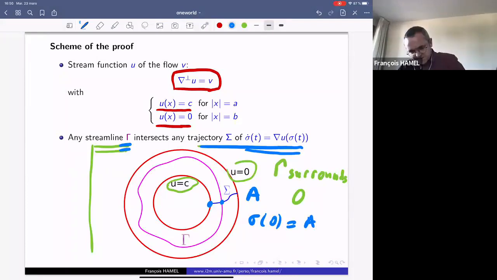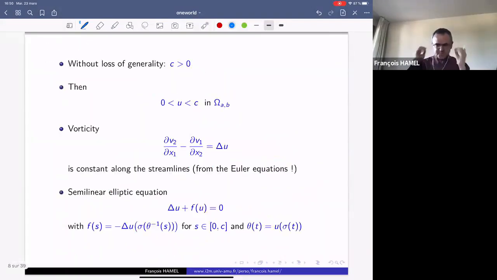Okay, so now how do we progress? Even if it means changing u into minus u, since the function u was strictly monotone along the curve capital sigma, we can assume without loss of generality that c is strictly positive.